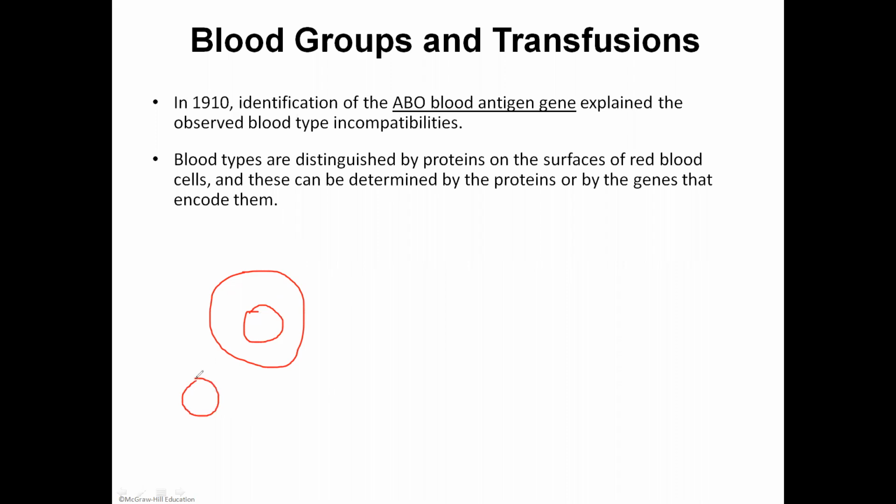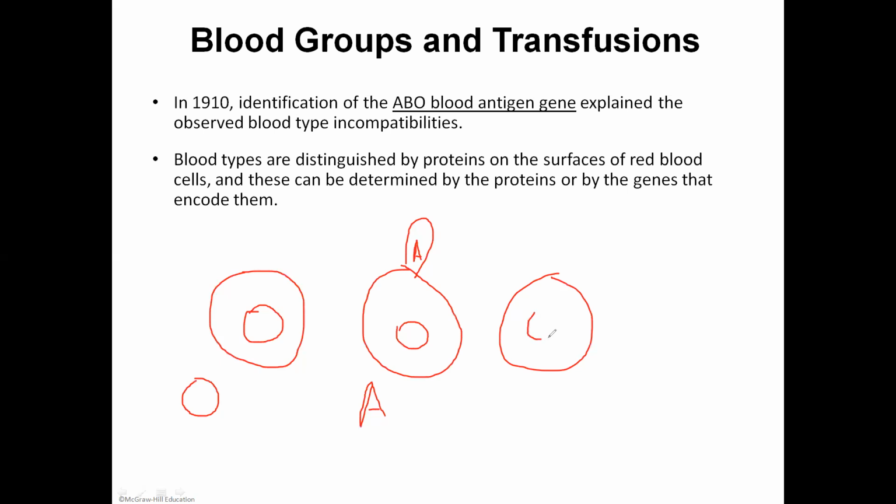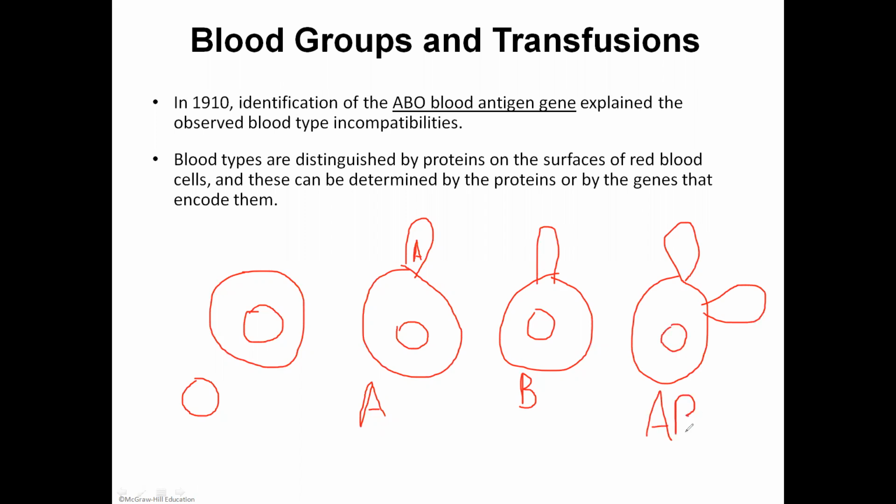So my blood type is O. Someone else that may have the A antigen, this would give them A blood. Someone that has the B antigen, this would give them the blood type B. And some people have both. They have A and they have B, which would give them AB blood.